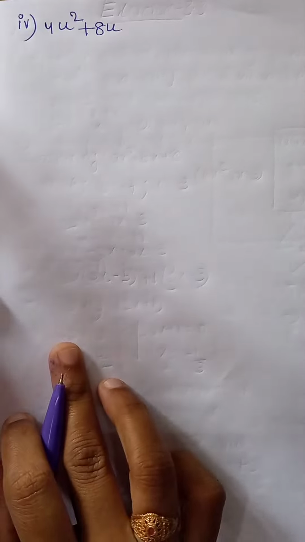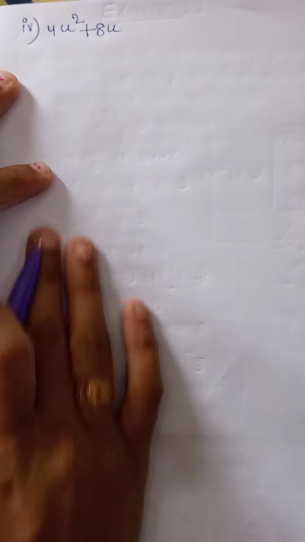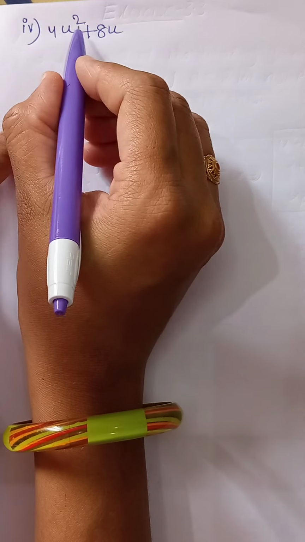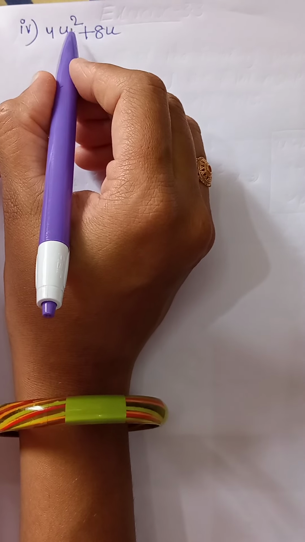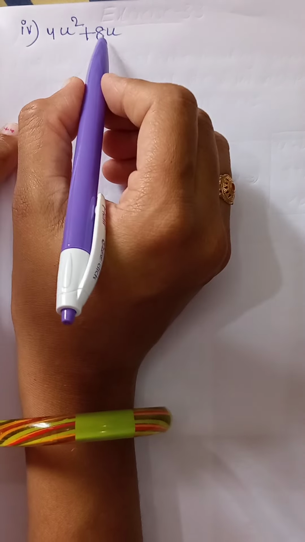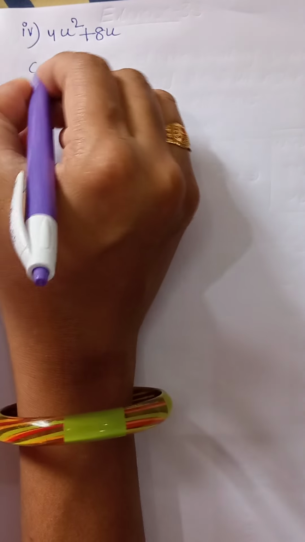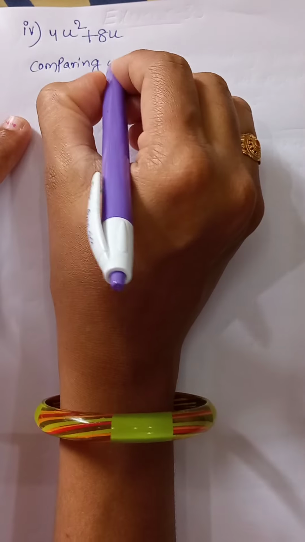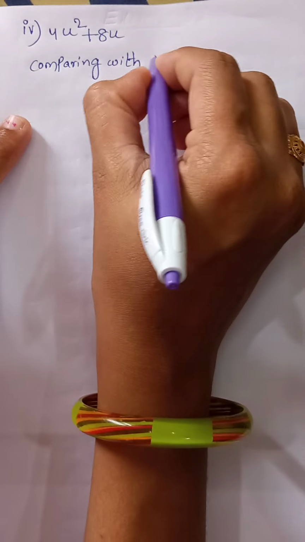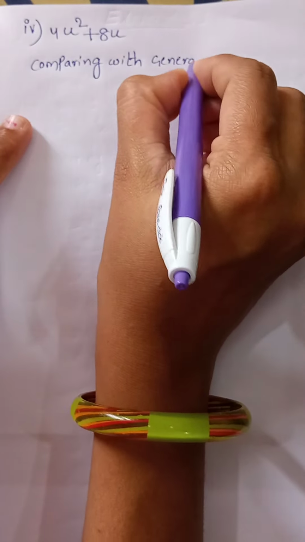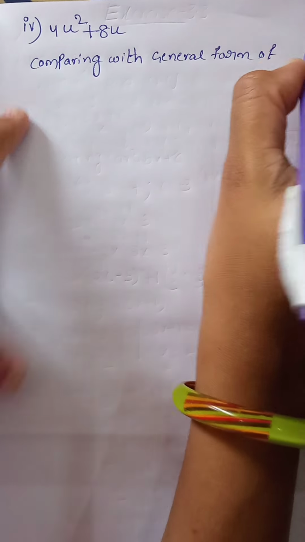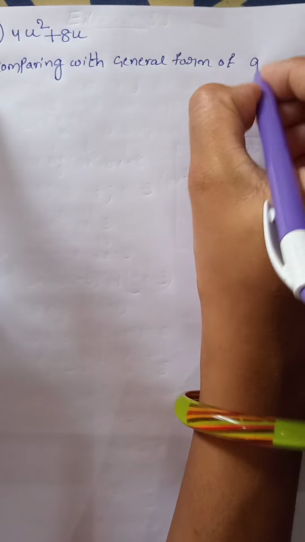Now move on to the fourth problem. So here see, 4u square plus 8u. Again it is a quadratic polynomial. Compare this polynomial with the general form of a quadratic polynomial. Comparing with the general form of a quadratic polynomial.